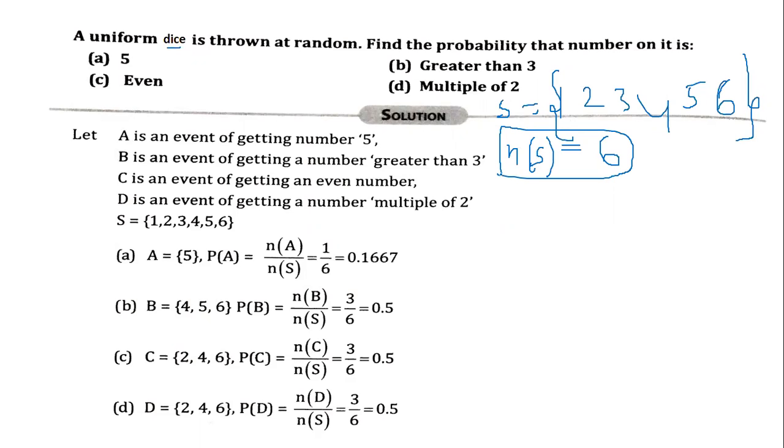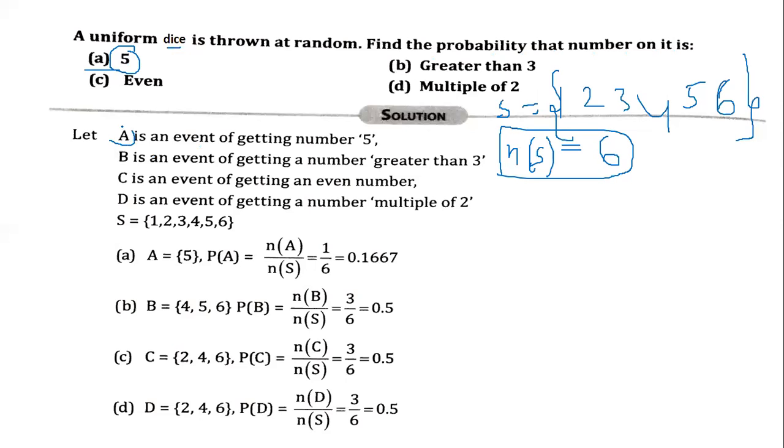Now, after this, let us go on and define each of the events, so it is easy for us to solve them. So each sub question will be rearranged as an event. What is the first sub question? What is the probability that the number on the dice will be 5?